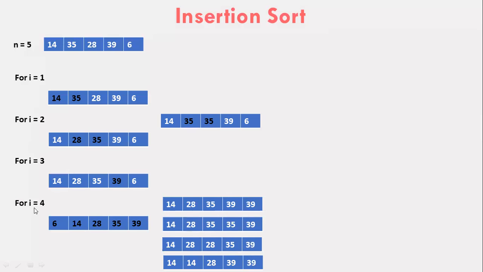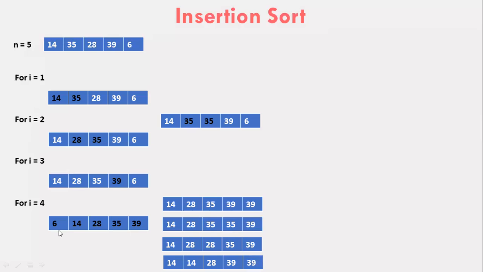Then 6 is compared with 14. 14 is greater, so 14 is moved to the next position. To compare 6 further, there are no more elements on the left hand side, so we copy the 6 into the first position. This is how we sort the elements in insertion sort.